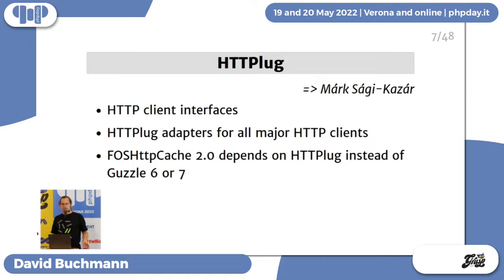And then we wrote adapters for all the major HTTP clients at the time, so Buzz and Guzzle and I think a couple of others. There was also a React adapter and whatnot that made all of these behave in a way that your application doesn't need to care which one it actually is. That worked out for me. So version 2 of the HTTP cache client is now using HTTPlug and not depending on Guzzle or anything.